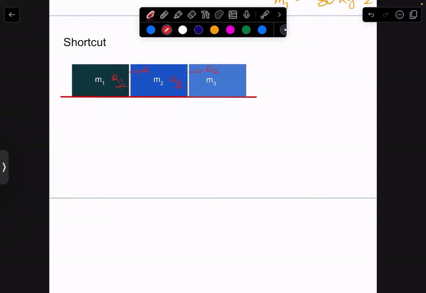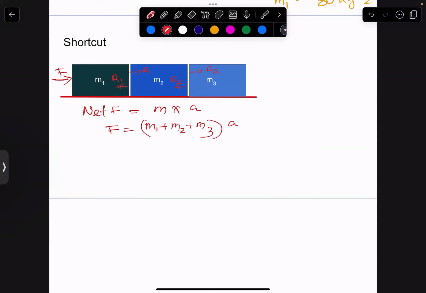You can just apply net force equal to mass times acceleration. So what is the mass here? M1 plus M2 plus M3. So net force is F over here. So that is equal to M times A. So A is F by M1 plus M2 plus M3.